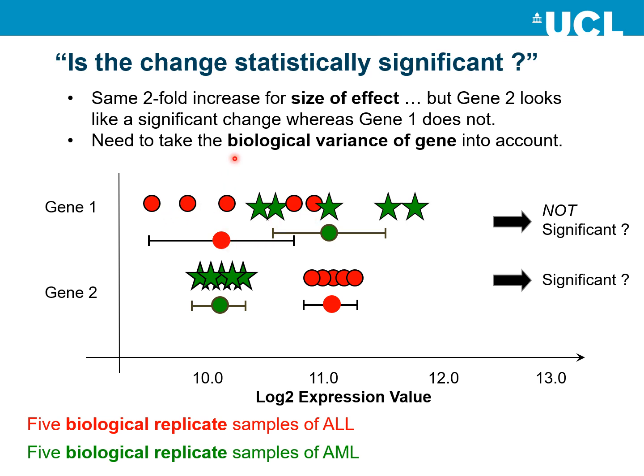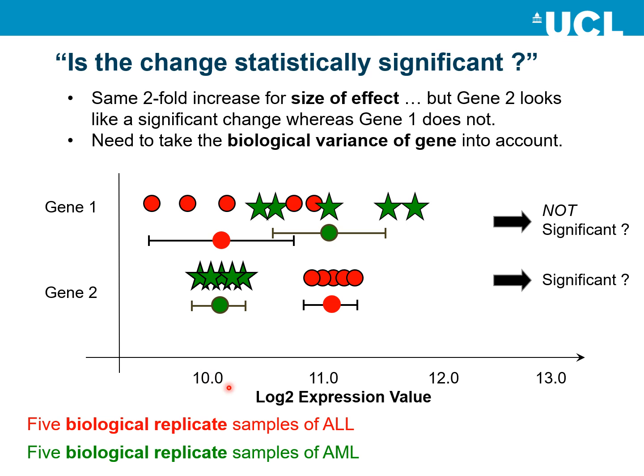So this increase of this gene in experimental conditions may not be significant because of the larger variance in the actual gene itself, where some genes will be under very detailed control, and from one population you'll get a very narrow range of values.